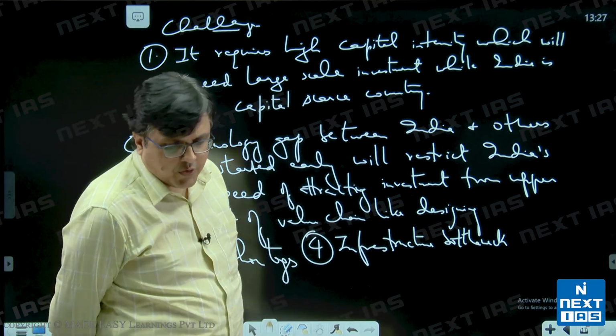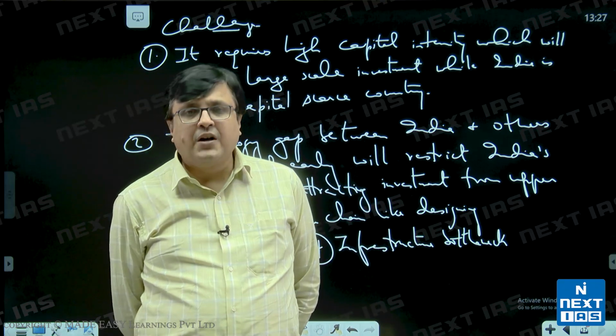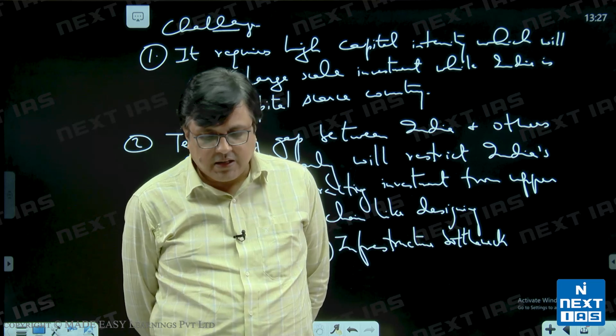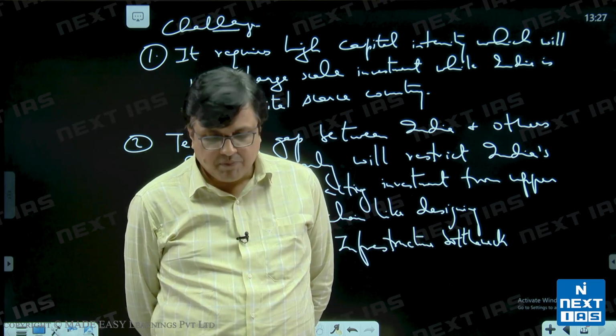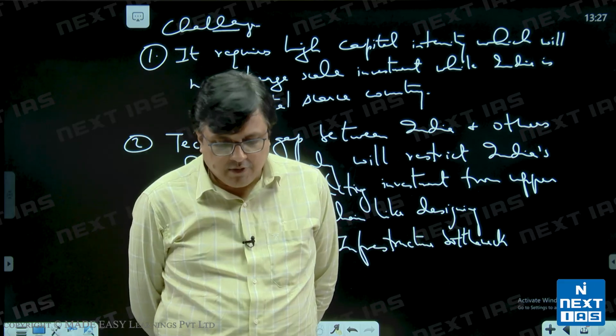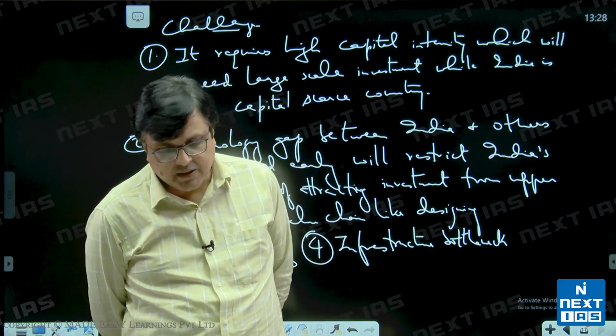Infrastructure bottleneck, if you ask me, the challenge like lack of uninterrupted power. We need power supply to a great extent. Then lithography infrastructure that is missing in India. Ultra pure water, advanced clean room facilities. These are few things which are missing.